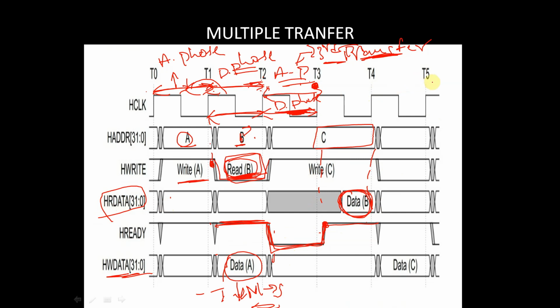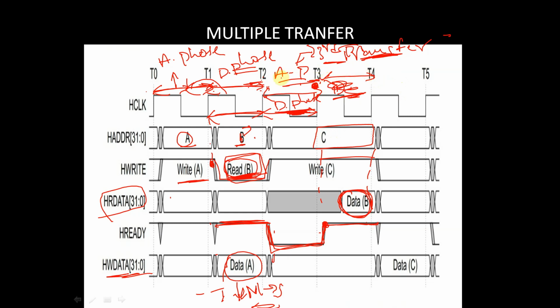And again, T3 to T4 is the data phase for the third transfer. And here we can see the write signal is high, which indicates a write operation, and HREADY is high. So up to here, T3, sorry, my mistake.